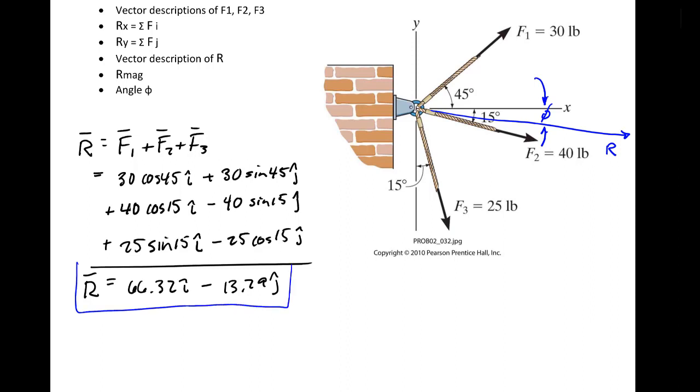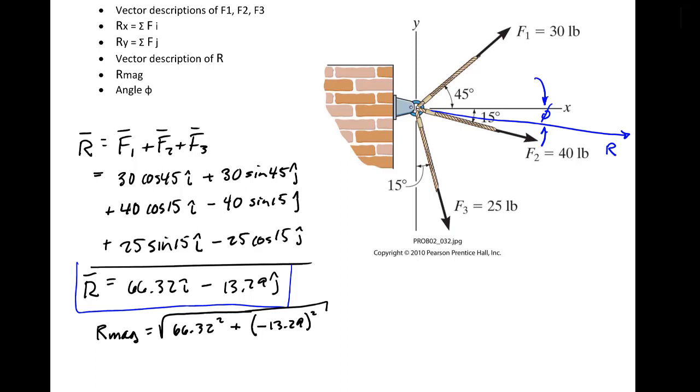Let's find out what the magnitude might be. Magnitude is going to be equal to the square root of Rx squared, which is 66.32 squared, minus, actually plus, a negative 13.29 squared. Now you can add this like this.